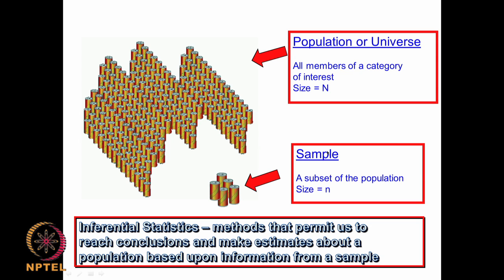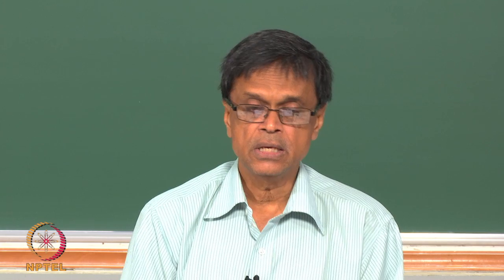Suppose I am running a bolt factory, I take a few bolts and check their diameter, and see whether it conforms with what I claim. Or if I take 10 people in Chennai and find their height, I will try to see whether it matches the Indian height average of 5 feet 5 inches.